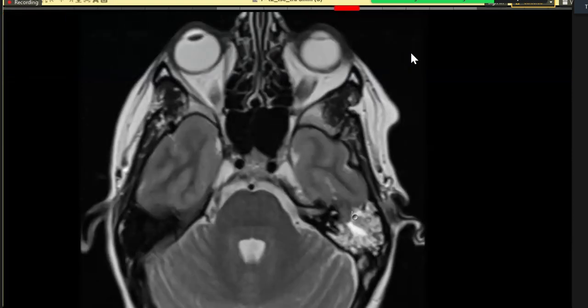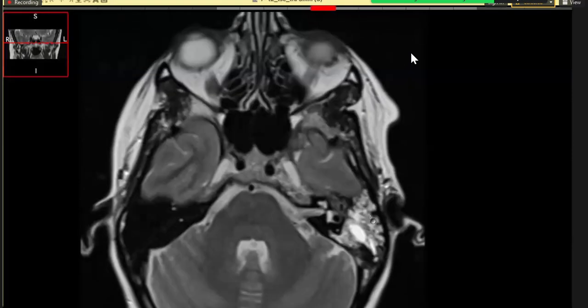So this is the mastoid area. Yes. Now, this is the vestibule. Don't move your mouse, I will ask you. Okay, so what is this structure? This is the cochlea. Okay.